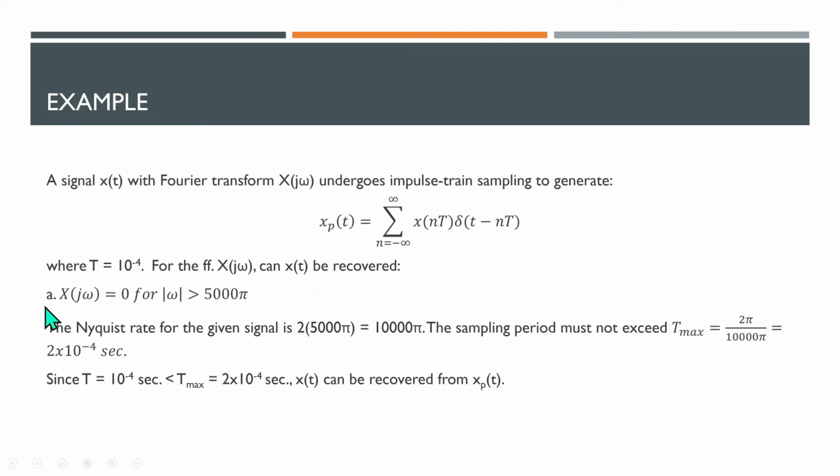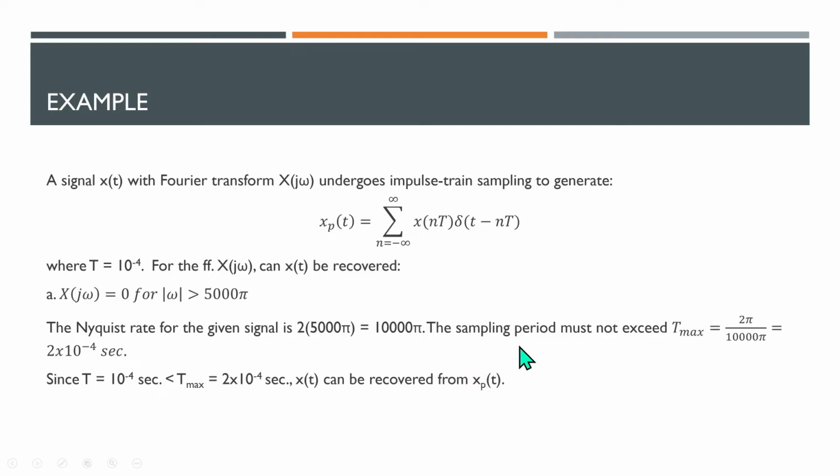Letter A, the given x of j omega is equal to 0 for the absolute value of omega greater than 5,000 pi. The Nyquist rate for the given signal is 2 times 5,000 pi, which is equal to 10,000 pi.